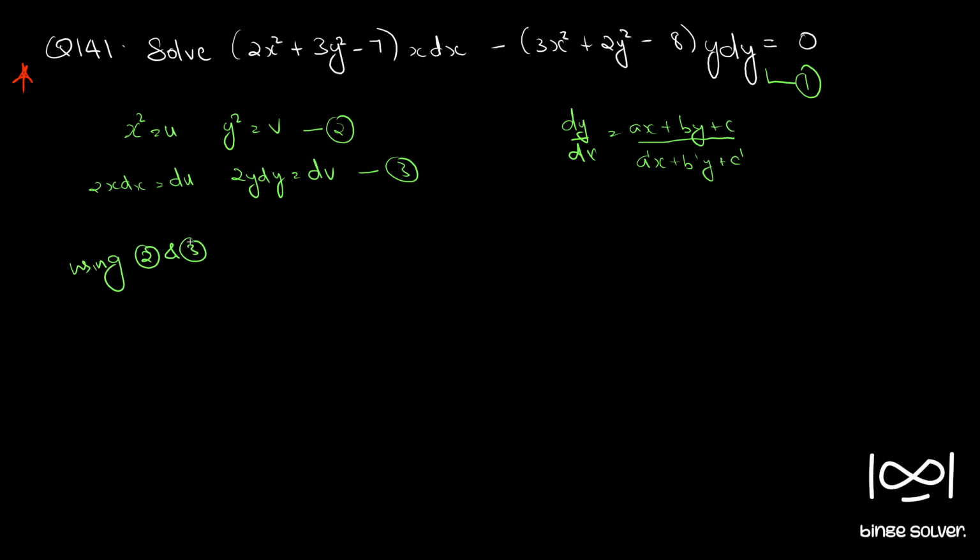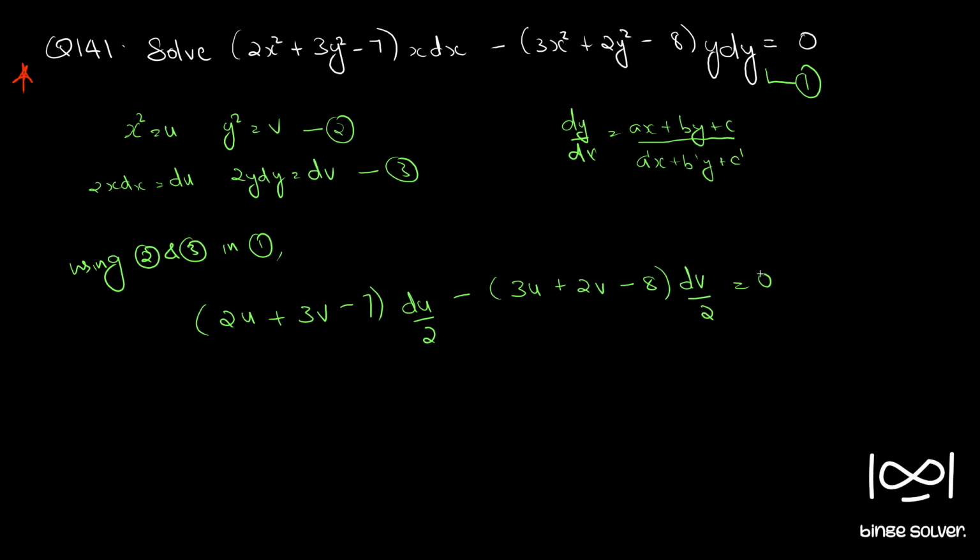Using 2 and 3 in 1, we have (2u + 3v − 7) into x dx, which is du/2, minus (3u + 2v − 8) into y dy, which becomes dv/2, equal to 0.